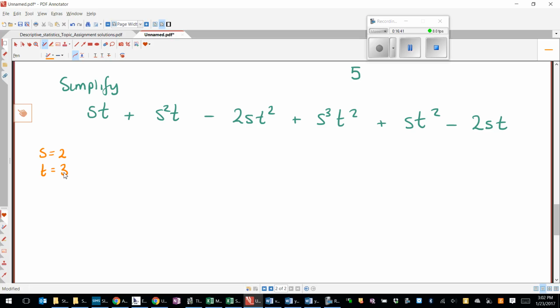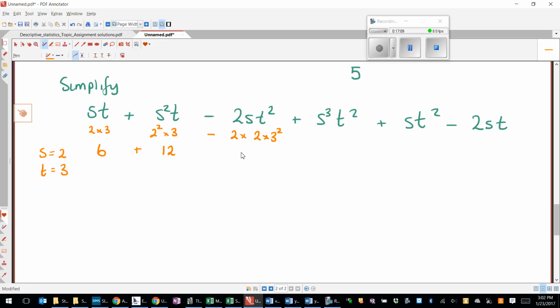So st would be 2 times 3 makes 6, plus 2 squared times 3 makes 12, minus 2 times 2 times 3 squared, which is 4 times 9, is 36.